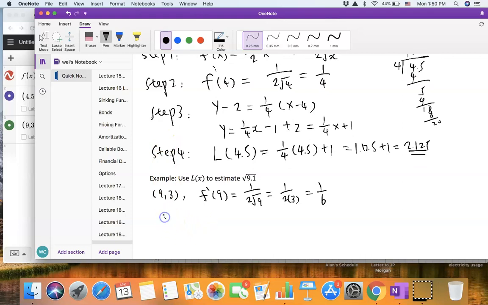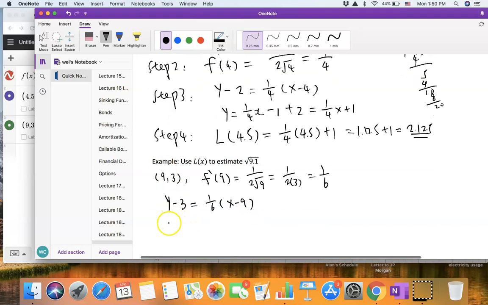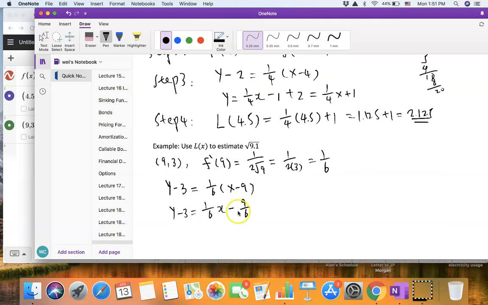So the equation is y minus 3 equals 1 over 6 times (x minus 9), which is y minus 3 equals 1 over 6 x minus 9 over 6.